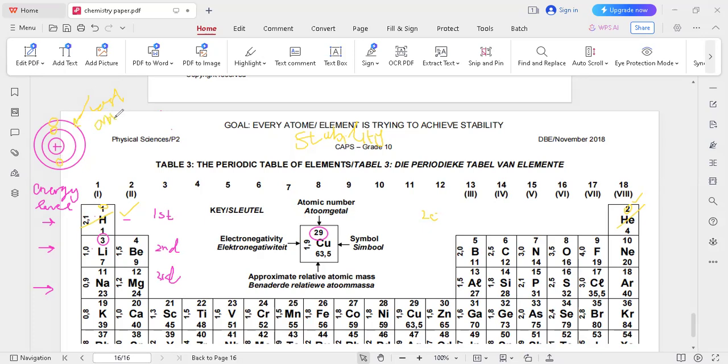So that electron that you see has the most energy and is likely to participate in bonding, as compared to these electrons, which are closer. Remember, the nucleus is positively charged, and by the laws of physics, positive attracts negative. So the nucleus is going to have a strong attraction to these 2 electrons. It's not going to let them go easily.